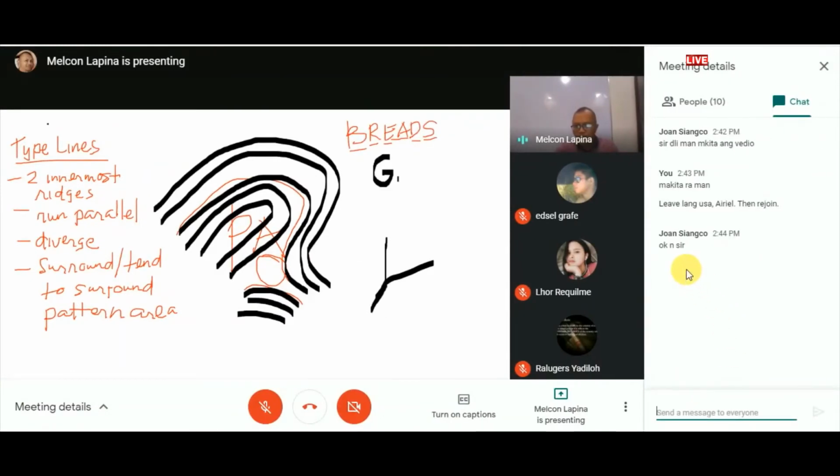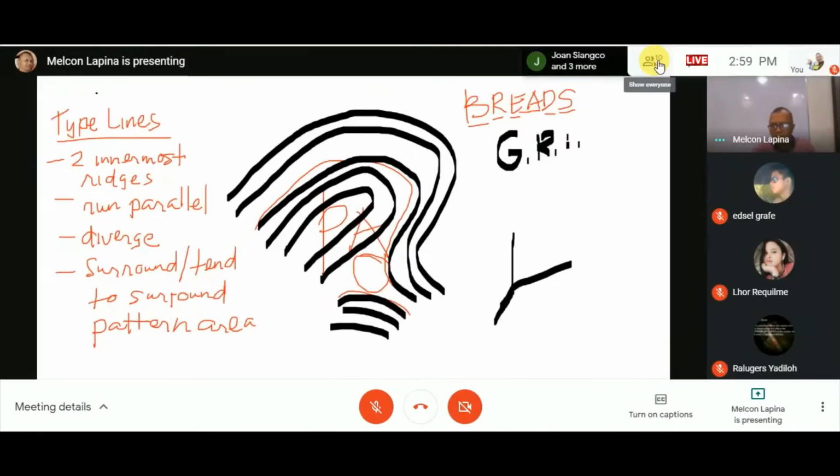Ang general rule is that hindi pwede. Bifurcation cannot be considered as type lines. General rule, hindi pwede ang bifurcation magiging type lines, kasi hindi siya matawag na divergence.